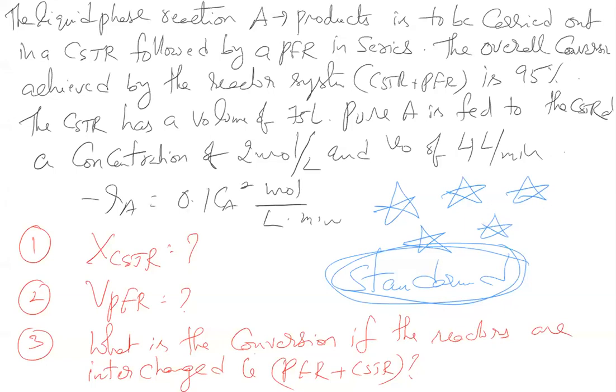Conversion of the CSTR is 60%. The answers are: this is 60%, and the volume of the PFR is 350 liters.